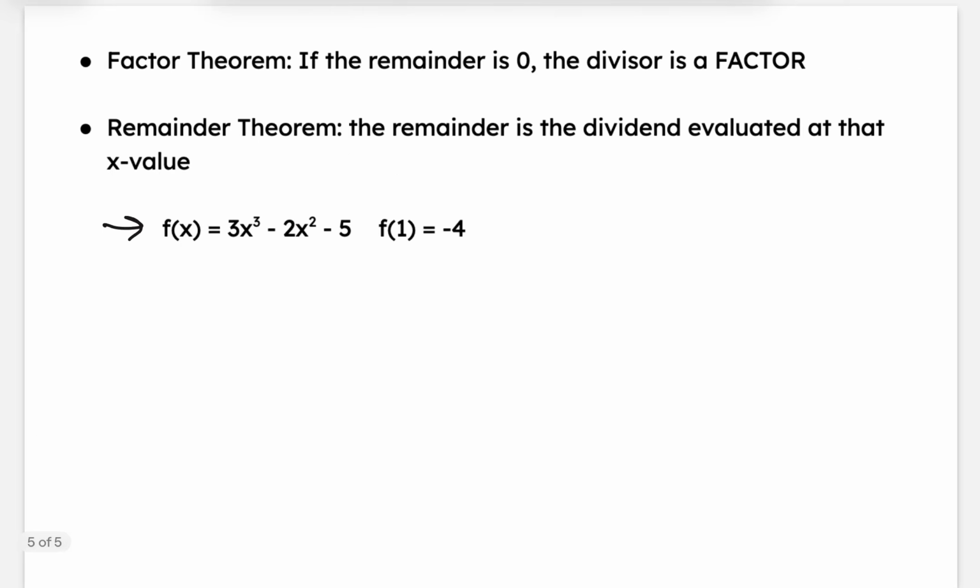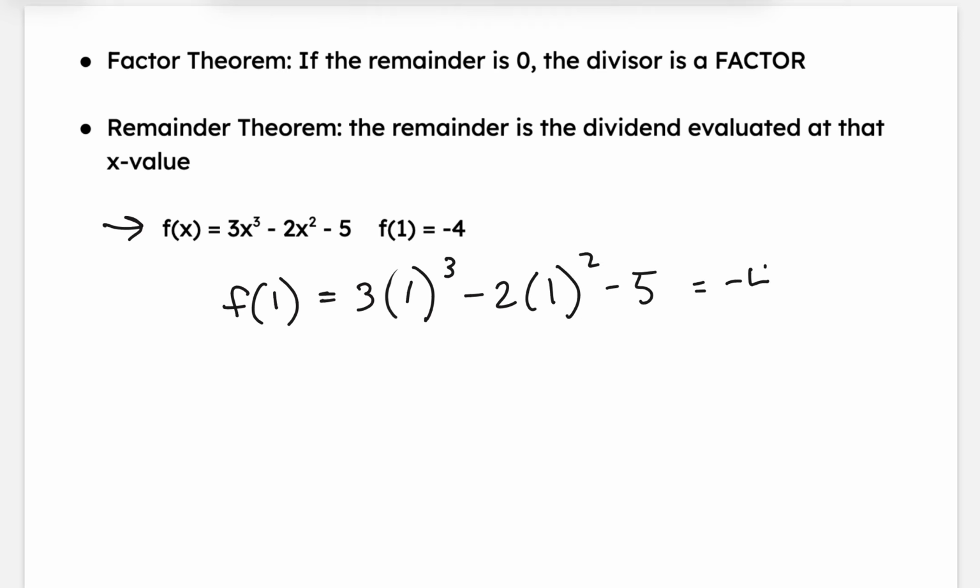So what the remainder theorem says is that if I evaluate this function at the value of my k value, so f of 1, so if I did 3 times 1 to the third minus 2 times 1 squared minus 5, I'm actually going to get -4 as my output. So doing synthetic division gives us a remainder that is the same as what we would get if we evaluated the function at that x value.